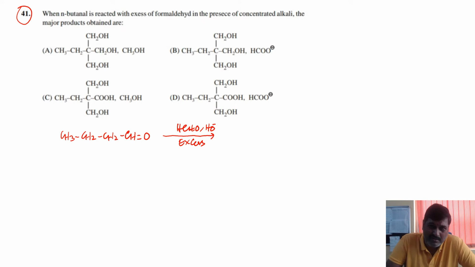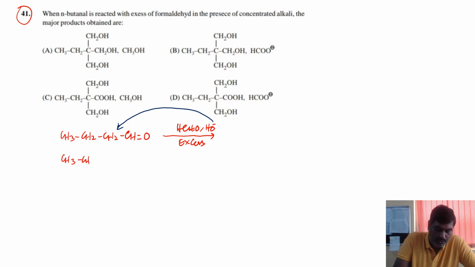What is this reaction? Initially, aldol condensation. It is not condensation but aldol, right? So HO minus, you know that HO minus will attack this alpha place, and then you write here its tautomeric form, and that is CH3, CH2, CH double bond CH, O minus, this will form.